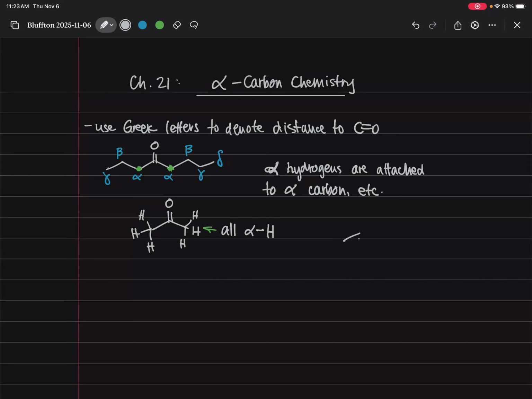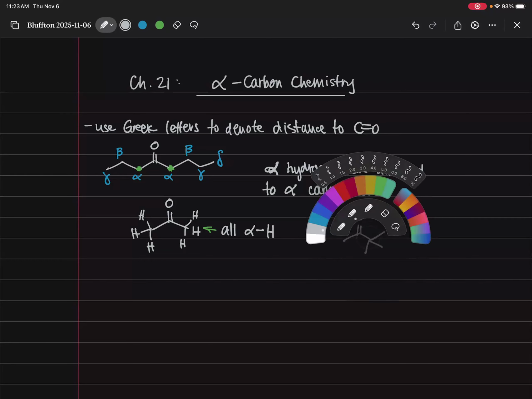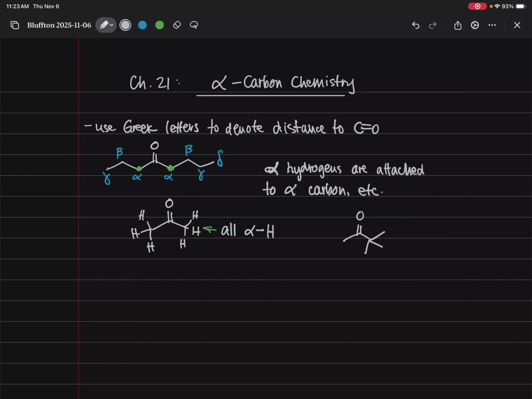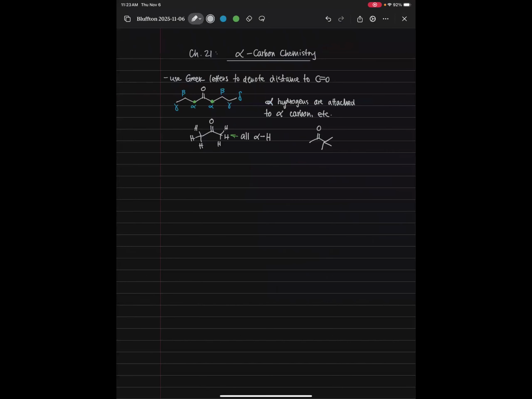If we have methyl tert-butyl ketone like that, we only have alpha hydrogens on the methyl group on the left-hand side, but the tert-butyl group on the right has no alpha hydrogens. Instead, each of the methyl groups, those are beta hydrogens.